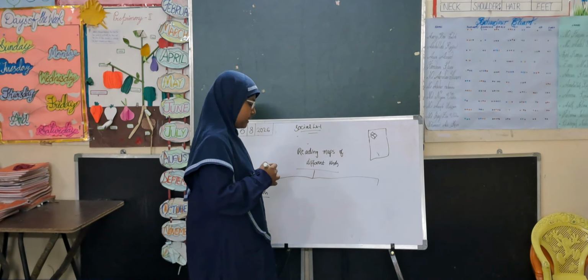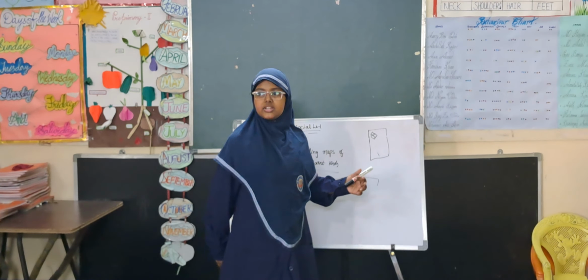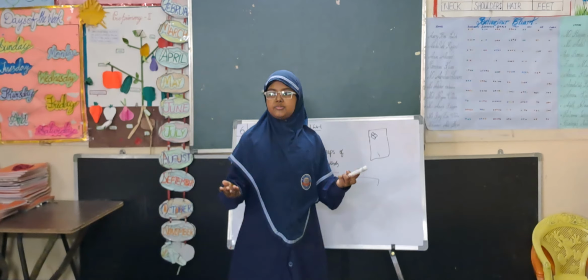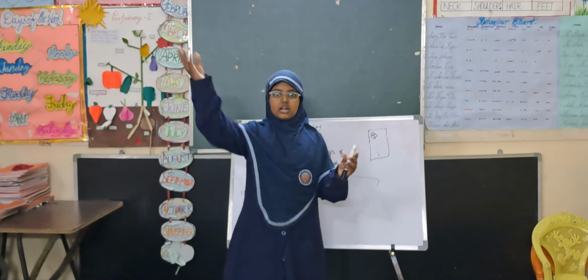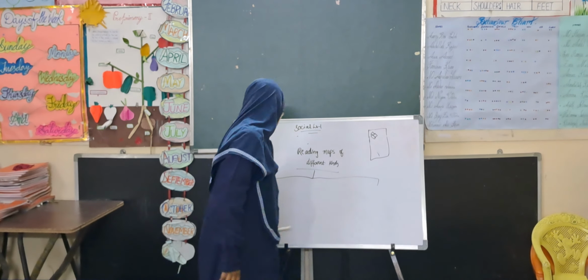Symbols help us to understand an object or a shape. A symbol is used when we have to show the distance on the ground, like the distance between school and our home.